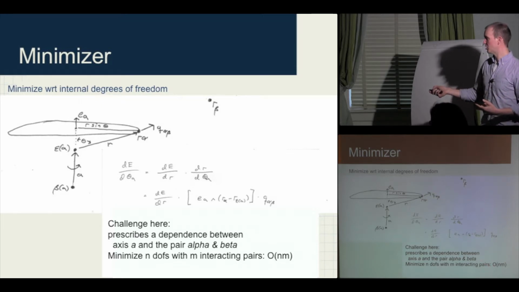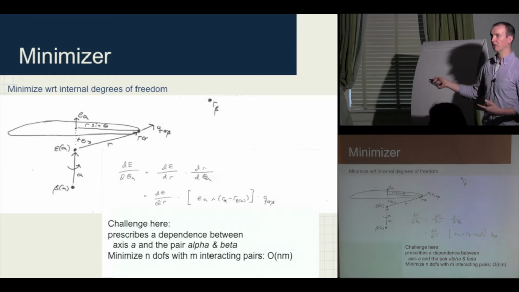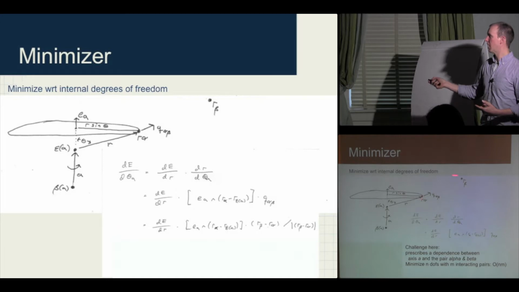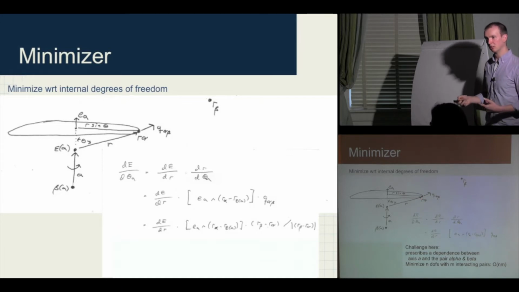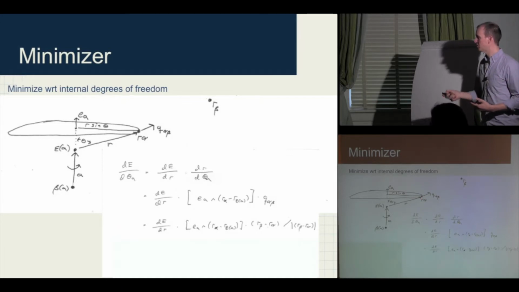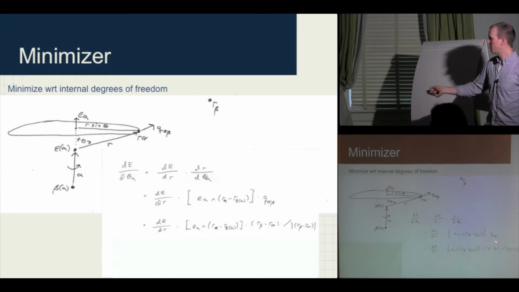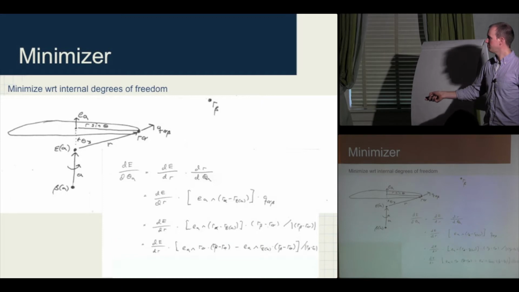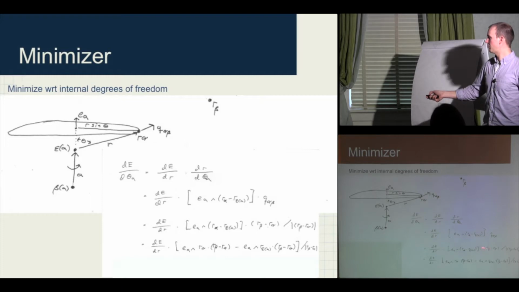And so the goal is to somehow separate out the information about the torsion from the information that relates alpha and beta. So let's go from there. We're going to take Q alpha beta and replace that with the normalized vector R beta minus R alpha divided by the norm of R beta minus R alpha. So that's a simple step. And then we're going to distribute the dot product.